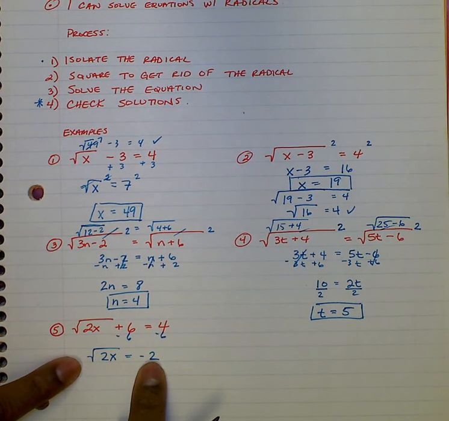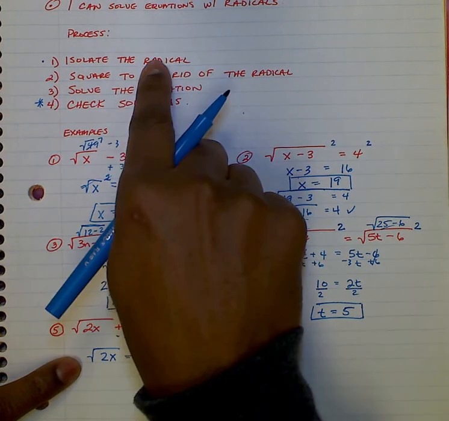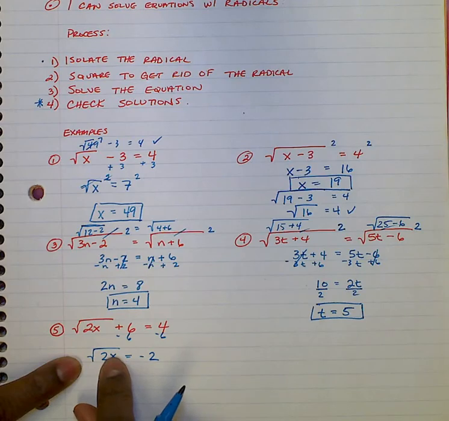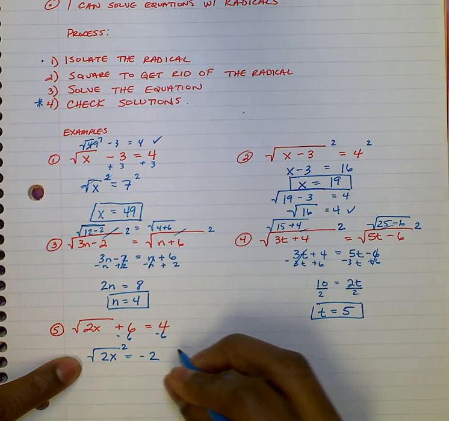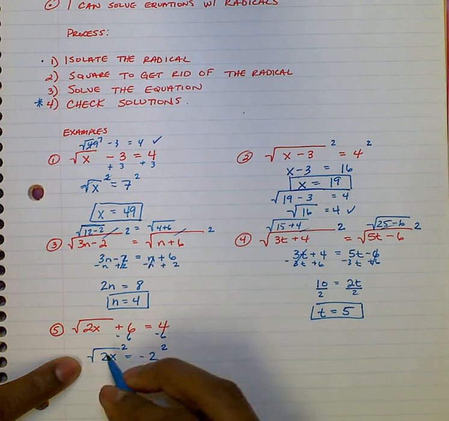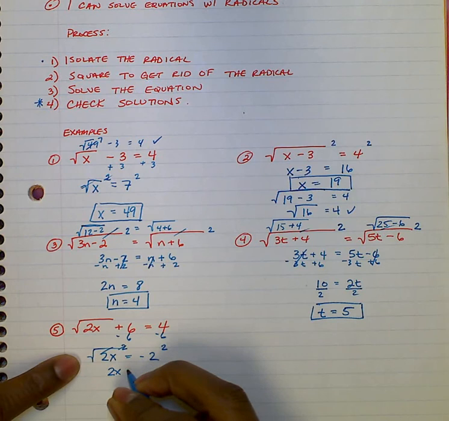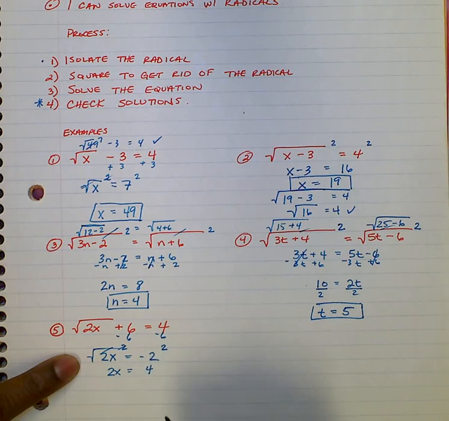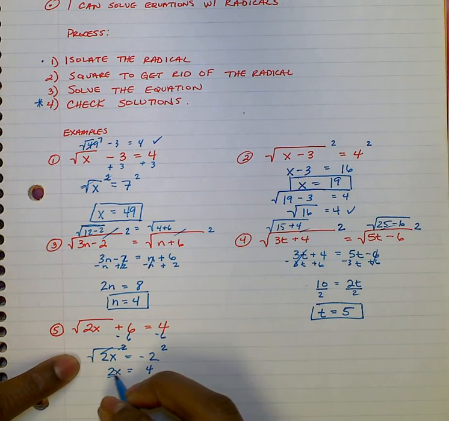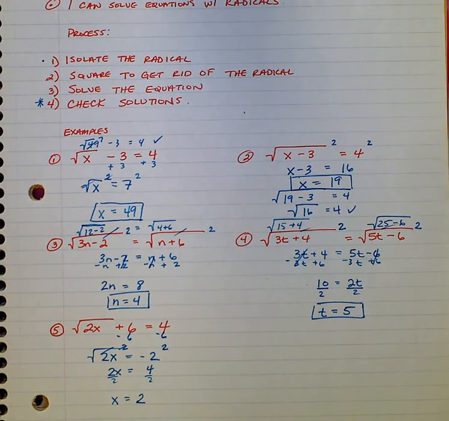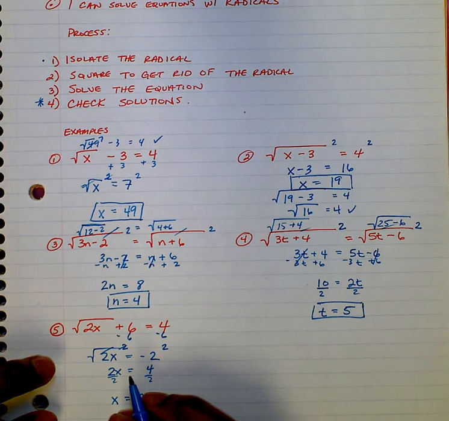Now that we've isolated the radical, we need to get rid of the radical by squaring both sides. That leaves us with 2x equals 4. Divide by 2. X equals 2. And so now we'll plug it in to make sure that it works.